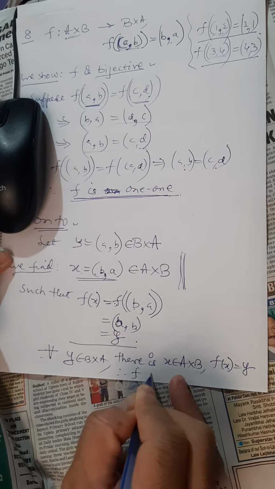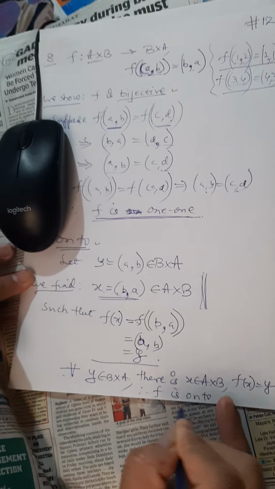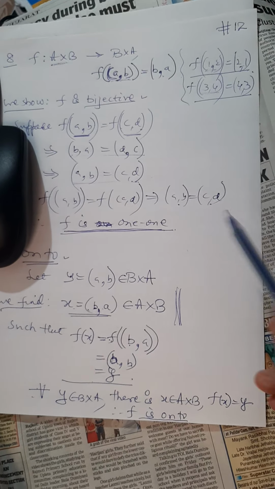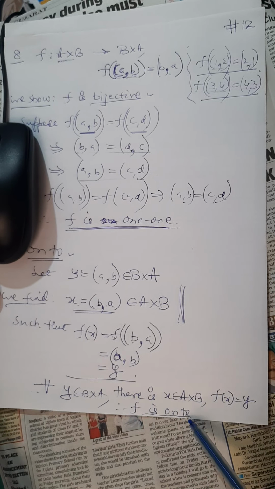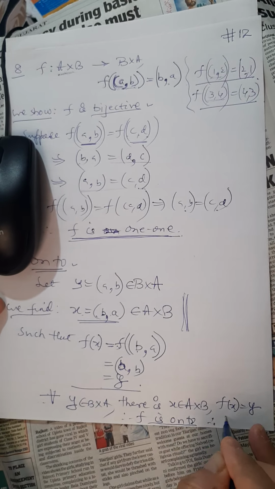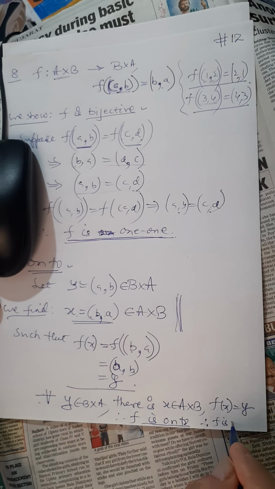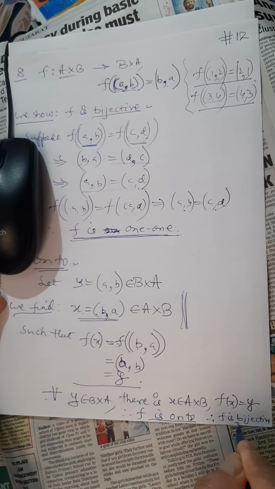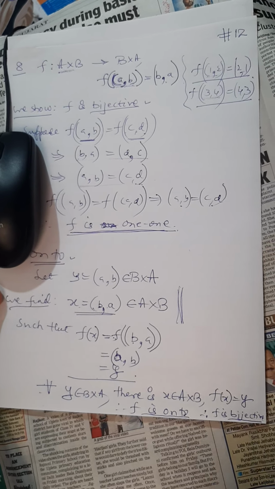So therefore f is onto. Here f is 1-1, f is onto, and therefore it is bijective. Bijective means both 1-1 and onto.